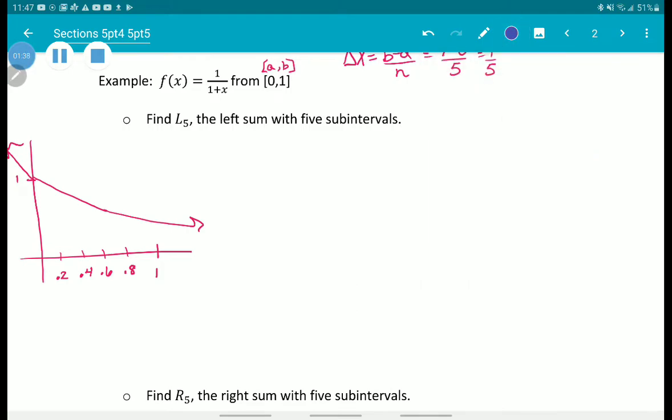So when I draw my left rectangles, remember I have to always use the left-hand side of the interval. So that first interval is from 0 to 0.2. That means this rectangle is going to touch at that left side of 0. And once again, you can see these are going to overestimate. So there are my rectangles.